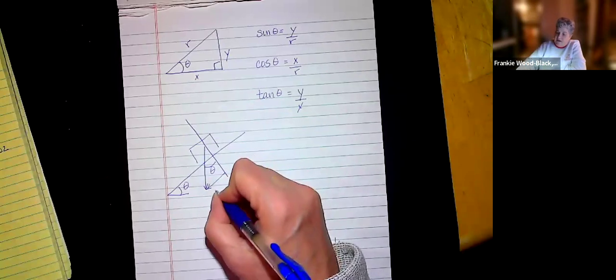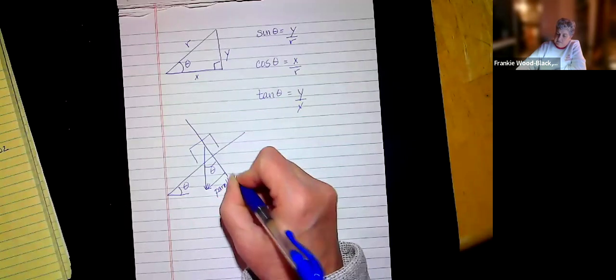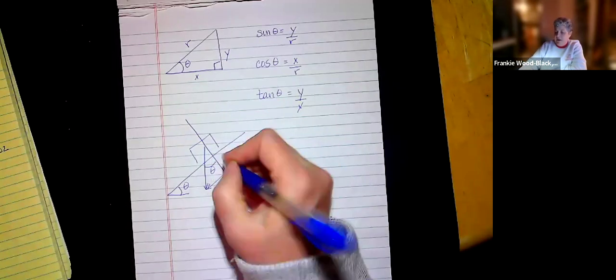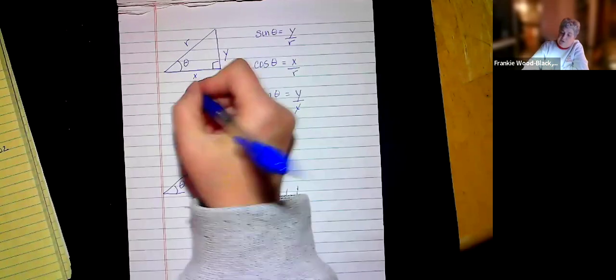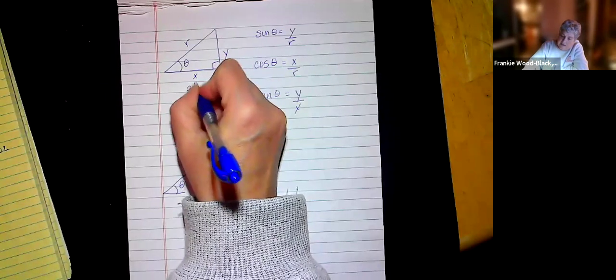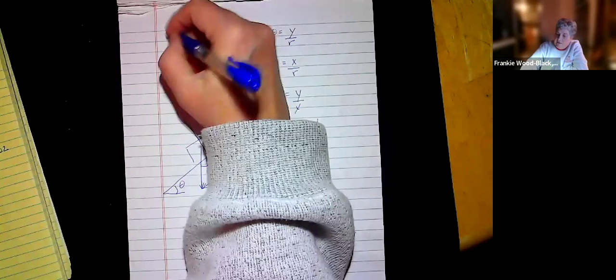This is going to run parallel to my table, and this is going to run perpendicular to my table. If I played with X's and Y's, my picture doesn't work. And you're going, oh God, how do I switch around? So I like to do it this way. This is my adjacent, this is my opposite, and this is my hypotenuse.